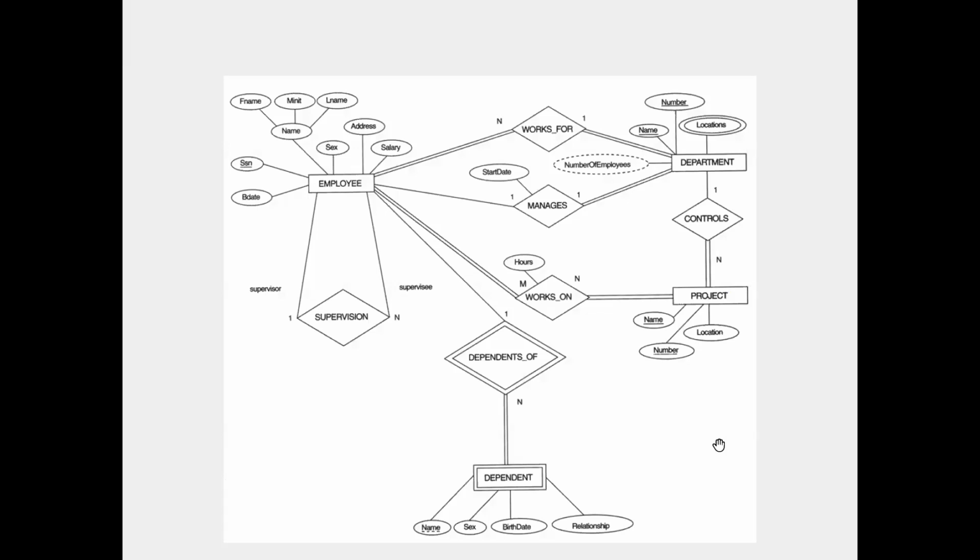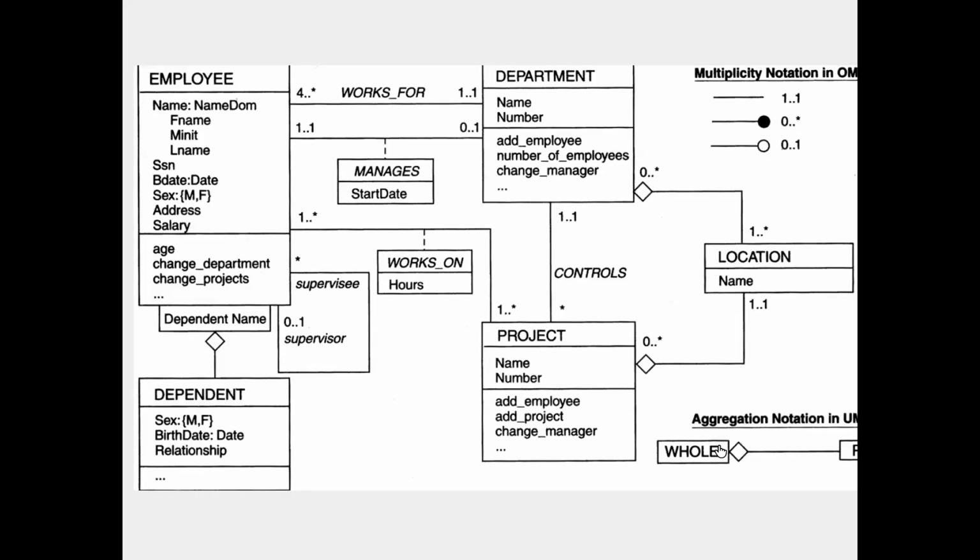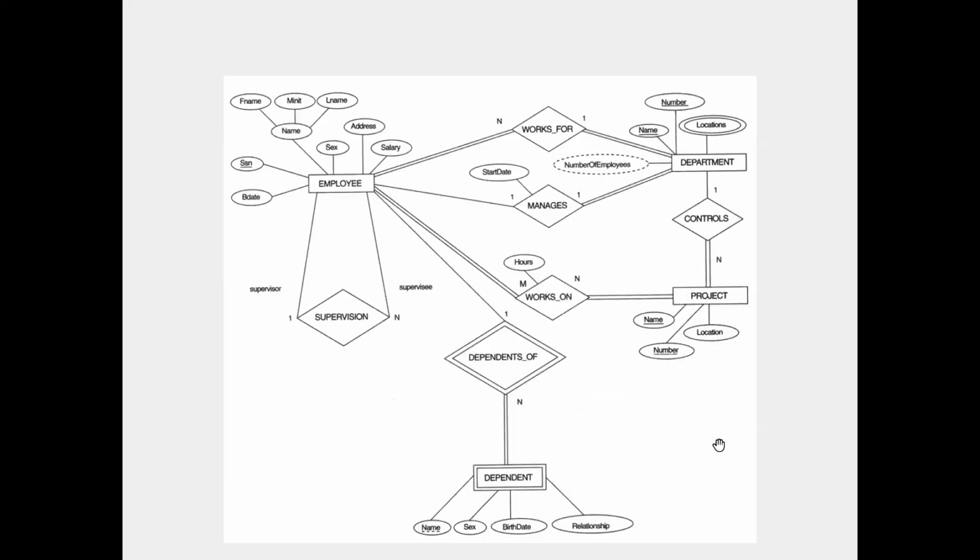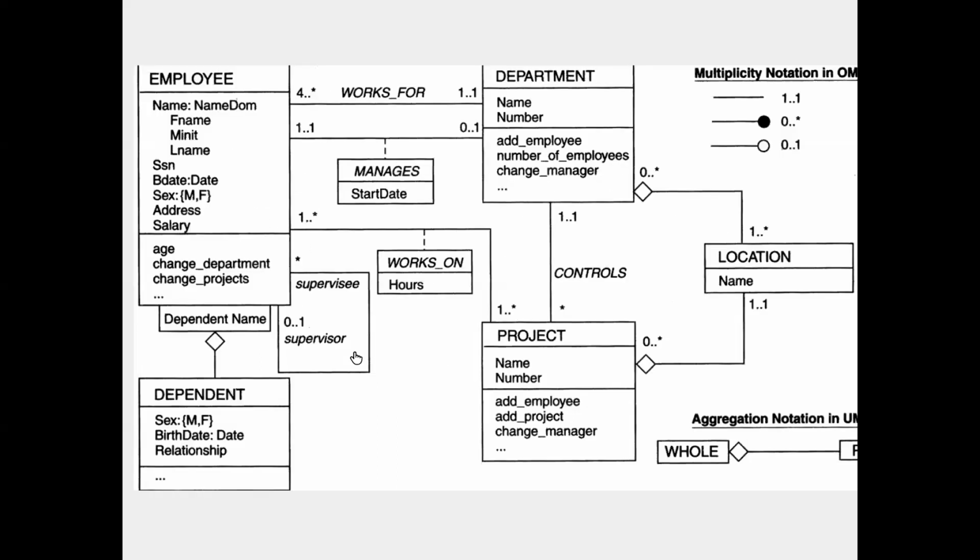Now that we have the ER diagram, next thing is let's look at how it looks when you put it in the UML diagram. If you carefully look at it, let's say employee, all the simple attributes are included, isn't it? And you can even think about which attribute can be used as a key attribute.